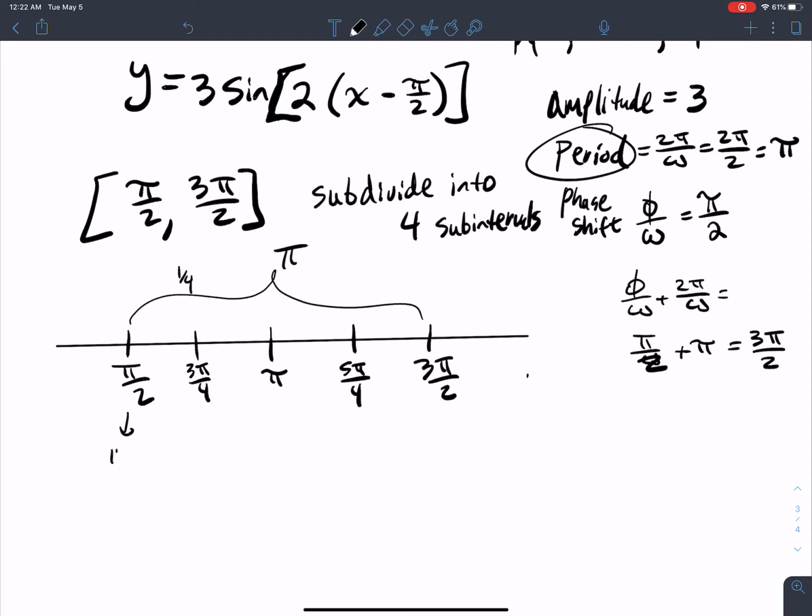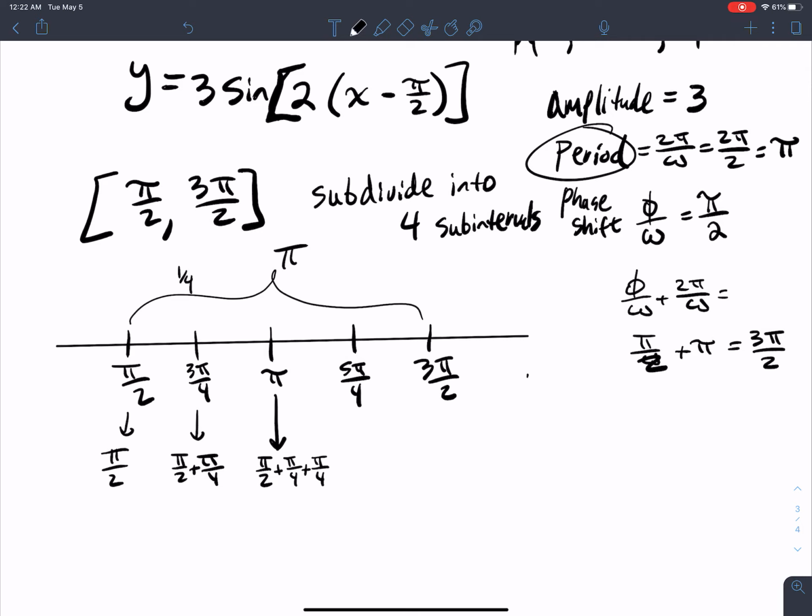So your first value, pi over 2. Your next value, pi over 2 plus pi over 4. Your next value is pi over 2 plus pi over 4 plus pi over 4.